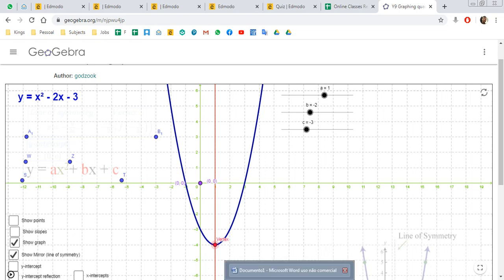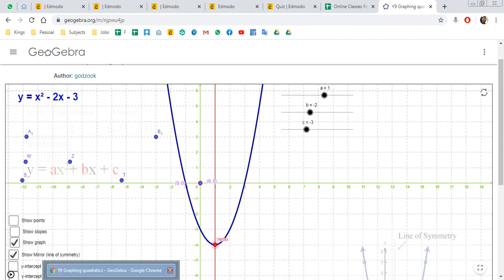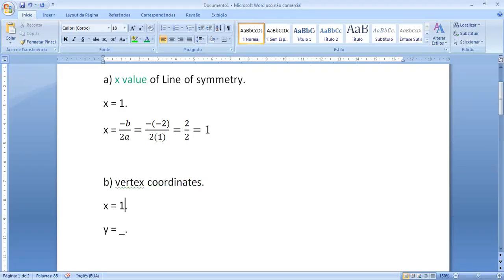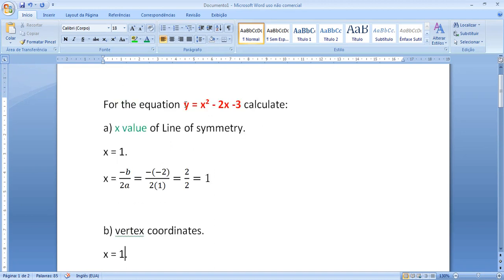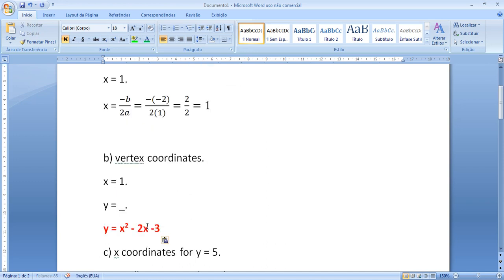And the y coordinate will be given by substituting this value into this equation, and that's what we're gonna do. I'm gonna take this equation. Now it's going to be 1 because x is equal to 1, right? And here is going to be 1 again.